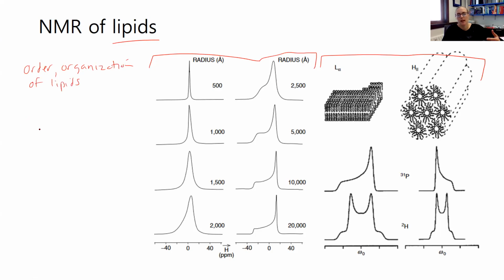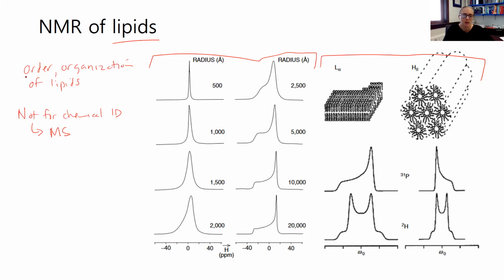It's not used anymore for chemical identification. And by chemical identification, I mean what lipids are present in my membrane or in my vesicle or in my bilayer. So if you want to understand what lipids are present, mass spectrometry has replaced NMR for chemical identification of lipids. And we'll be discussing mass spectrometry later this month, and we'll go into detail there.